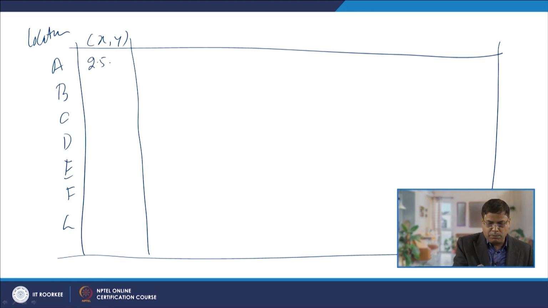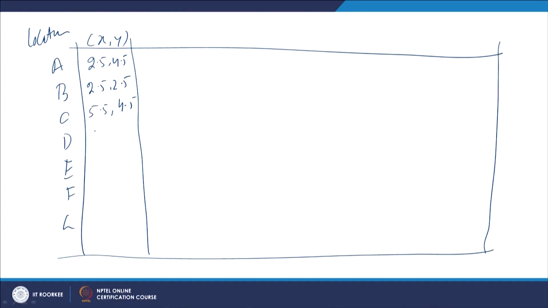Location A is 2.5, 4.5, for B it is 2.5, 2.5, for C 5.5 and 4.5, for D it is 5 and 2, for E it is 8 and 5, for F 7 and 2, and G 9 and 2.5.